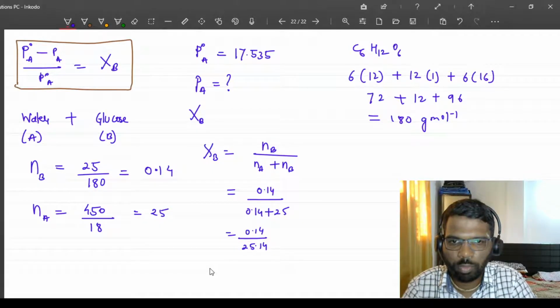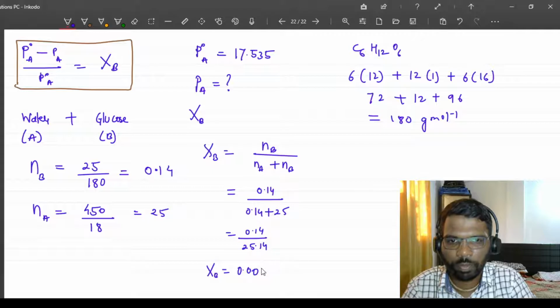The answer for the mole fraction comes to be 0.0056.